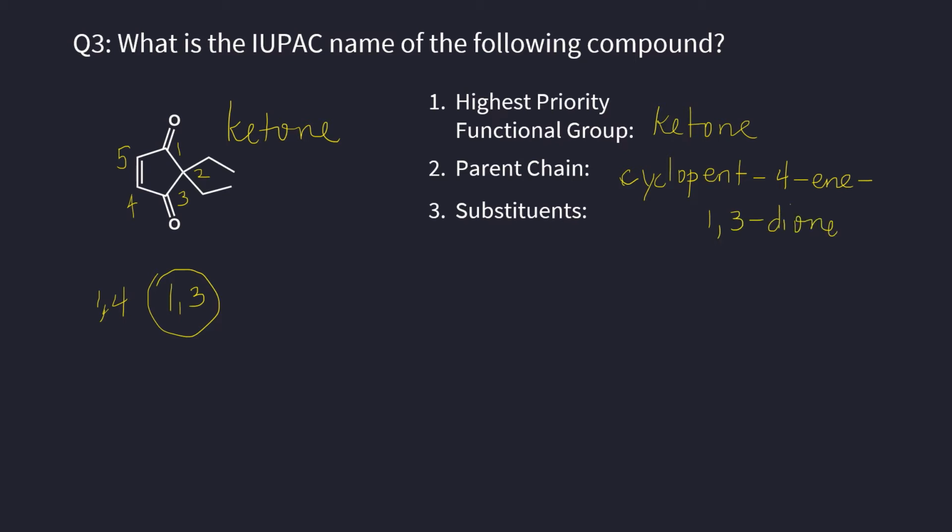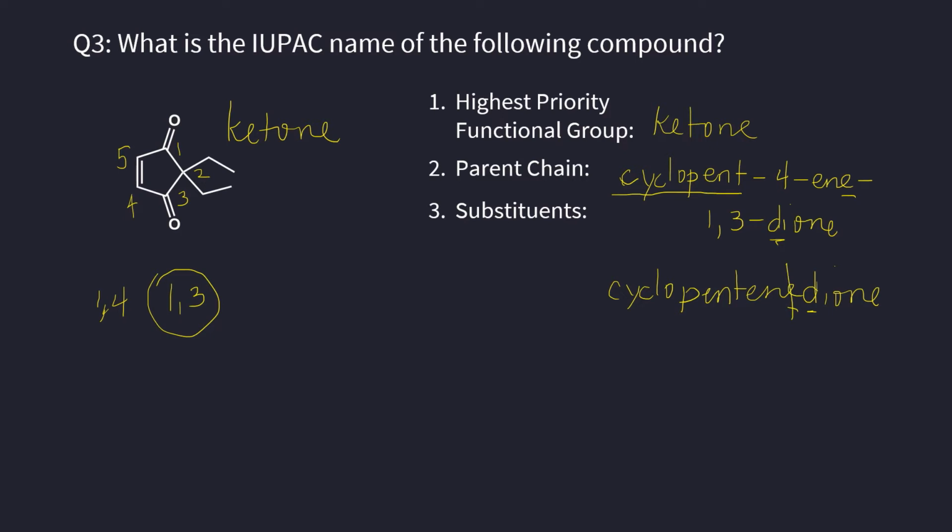The carbon chain is based on cyclopentene, a 5-carbon chain with a double bond at the 4 position, and 2 ketones or oxo groups at the 1,3 positions. Notice the E after N. This is because the suffix starts with a consonant, and it's easier to say cyclopentenedione rather than cyclopentndione.